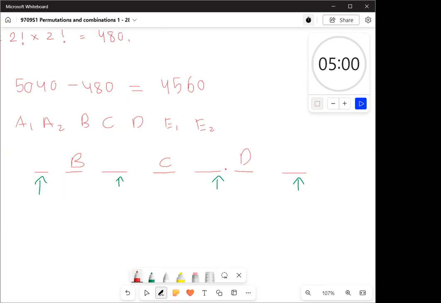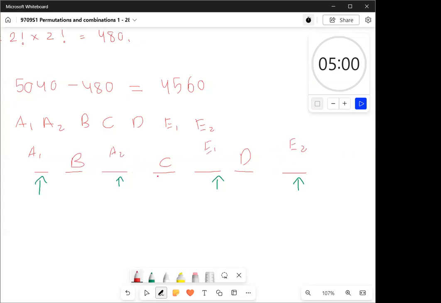Now it's a coincidence that we have enough spaces for all of them. If, let's say, we try a different question, but for now we have 4 spaces, right? So it has to be in between. It can't be together. So I have to put A1, A2, E1, E2.